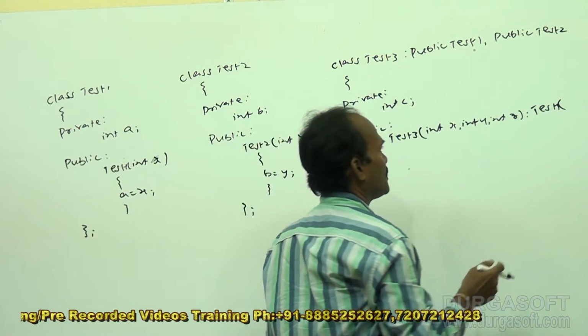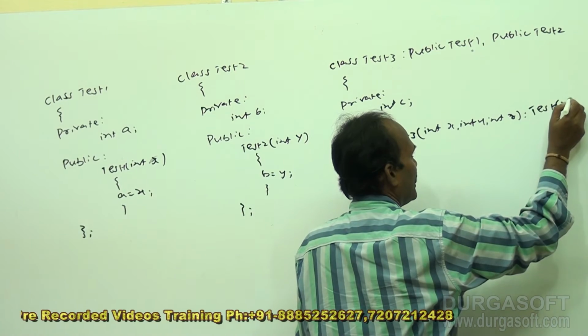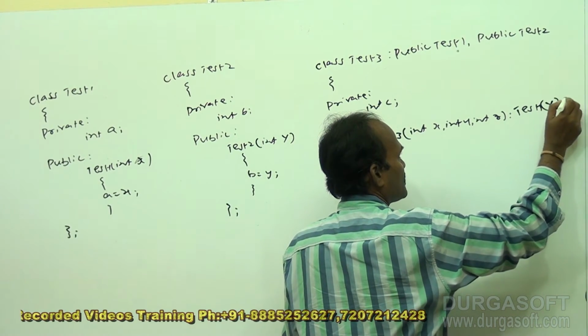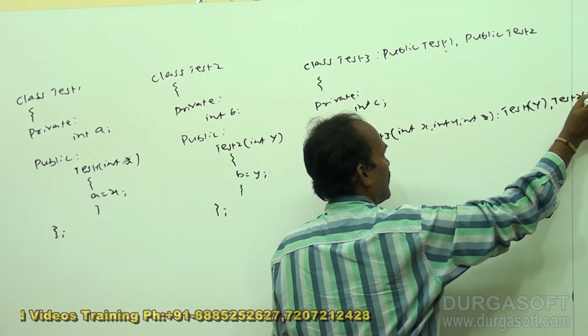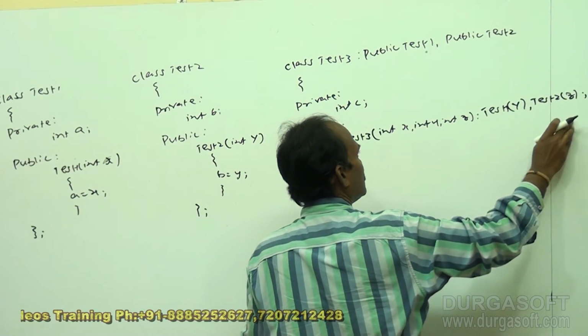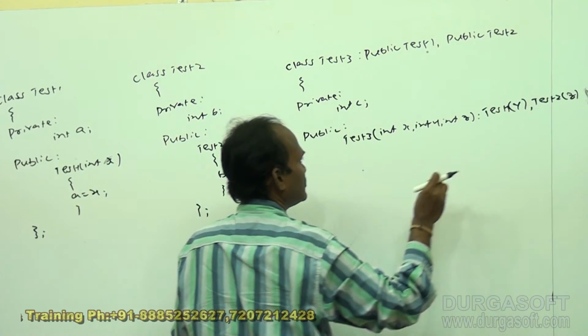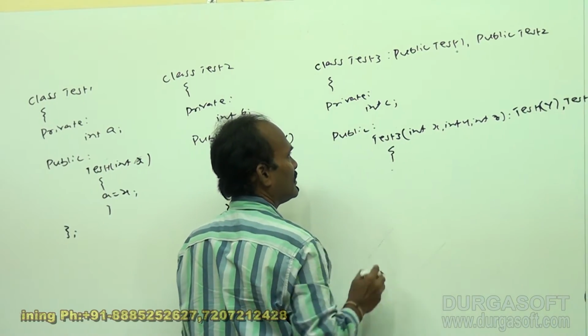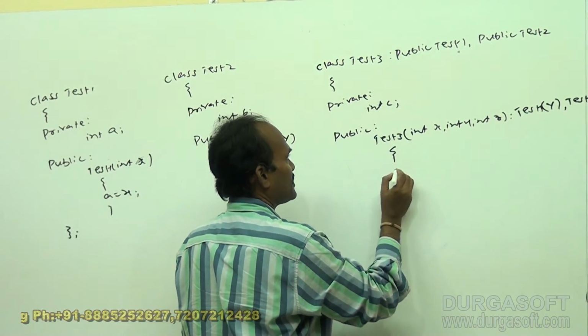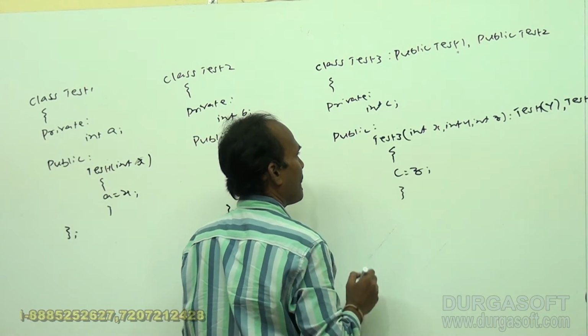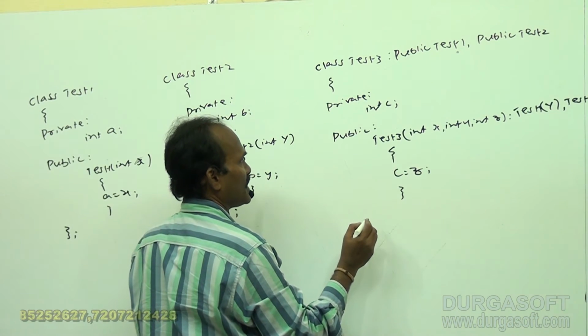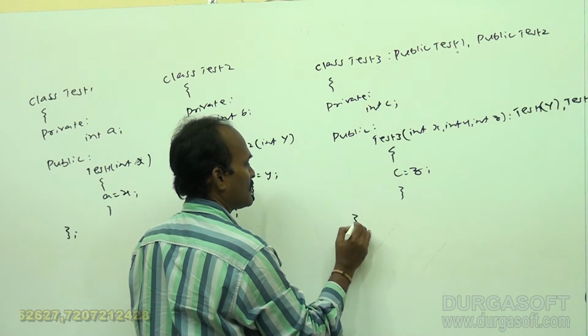So test1 it is giving y, comma, test2. For test2 it is giving z. Now here c equal to z, close this one.